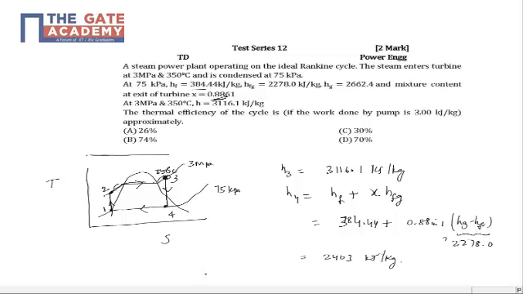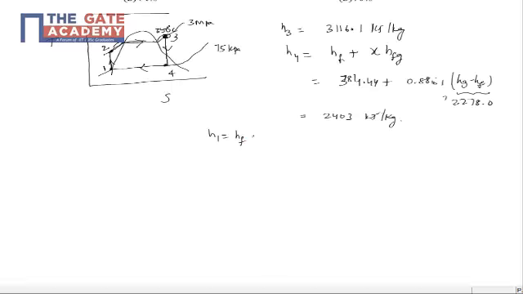Now H1 is nothing but hf, because that's where the pump inlet is, and that is 384.44 kilojoules per kg. So we already have hf. Now H2 is basically H1 plus the work done by the pump. If you apply the steady state flow equation between 1 and 2, whatever work is done by the pump, it's an isentropic process, so there is no heat loss.